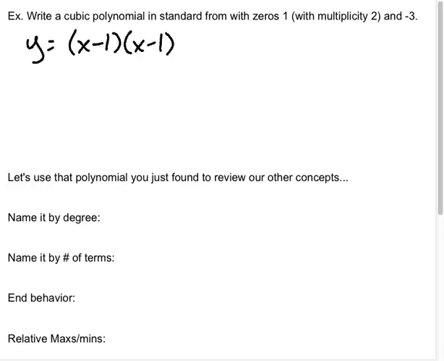And then a minus 3 means I have an x plus 3. All right, so now when I go to do this one, I'm just going to pick 2 and I'm going to FOIL them together.